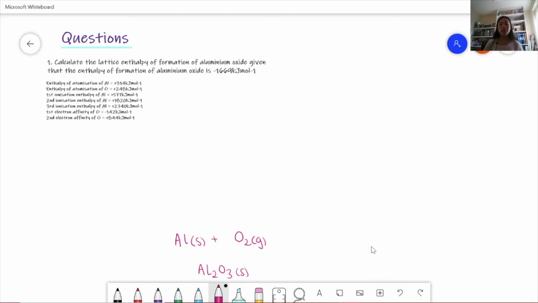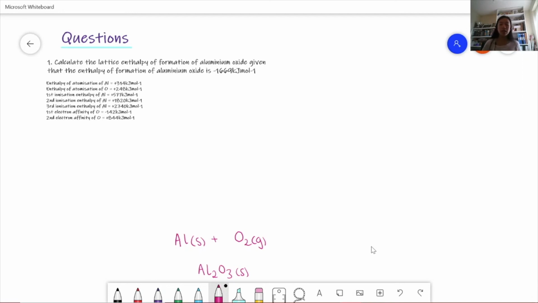I know that formula because of the ions that they form. So Al forms 3 plus ions, and oxygen forms 2 minus ions. So that means the ratio is 2 to 3. So for every 2 aluminium ions, I need 3 oxide ions to balance the charge out. And so that's why the formula of aluminium oxide is Al2O3.